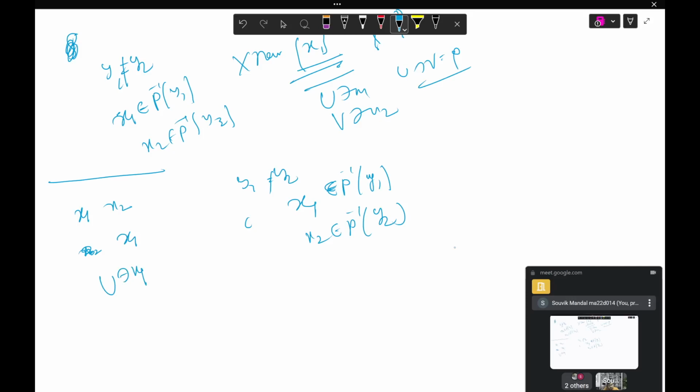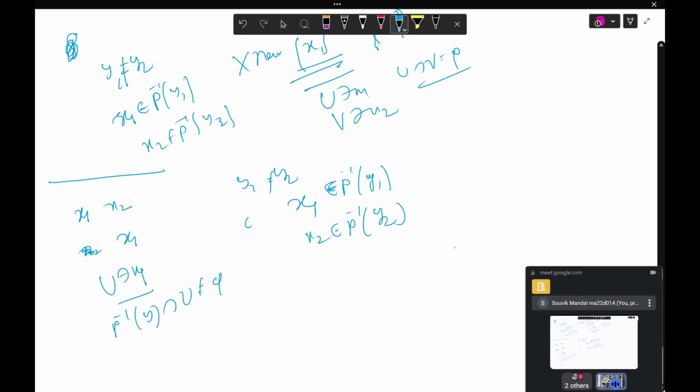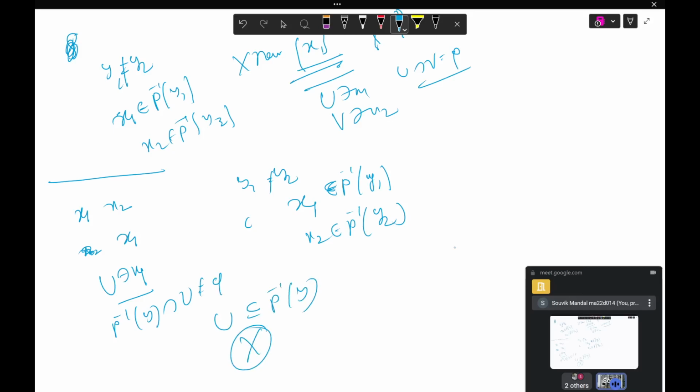It contains only one point of the inverse image of the singleton y1, not the whole inverse image. So P inverse y intersection U is non-empty; that's what we can say, but we can't say that P inverse y is a subset of U.